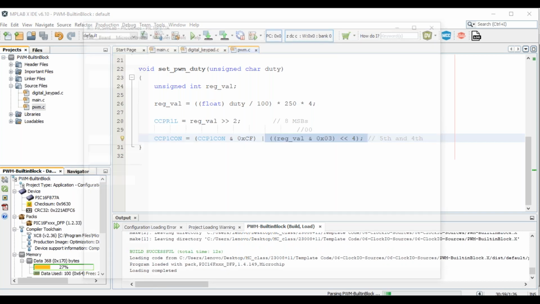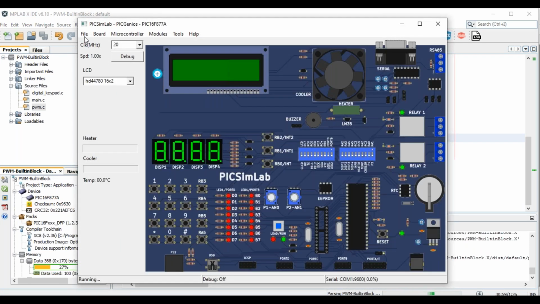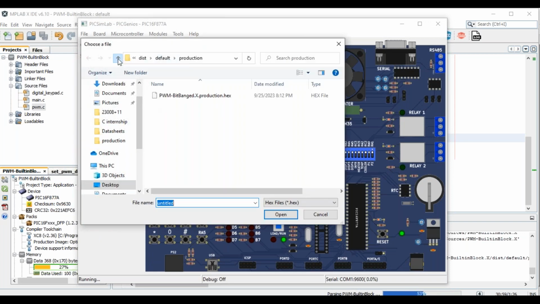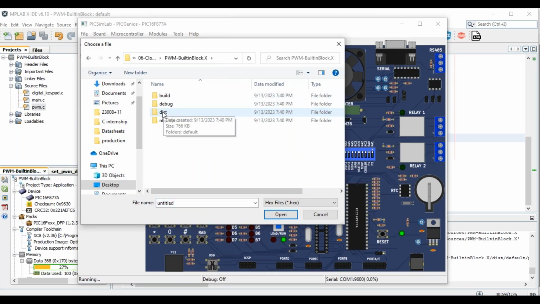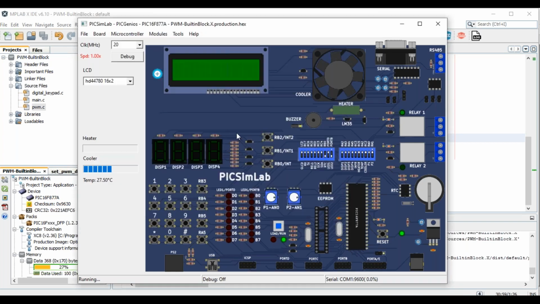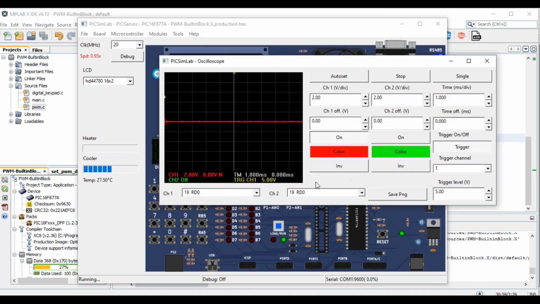Okay. Now let me show you the output. So file, load hex. So built-in block, distribute, default, production, the hex file. Okay. Now you should be able to see a modulated waveform at the RC2 pin of the microcontroller. So I'm showing you the output in the oscilloscope.